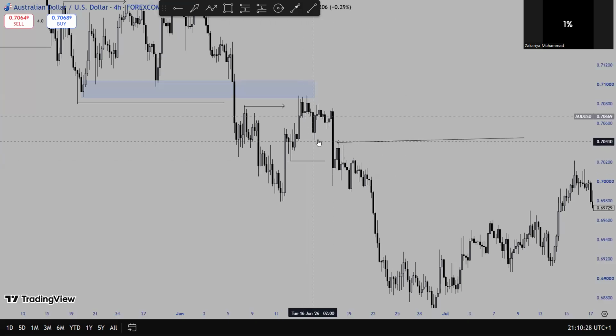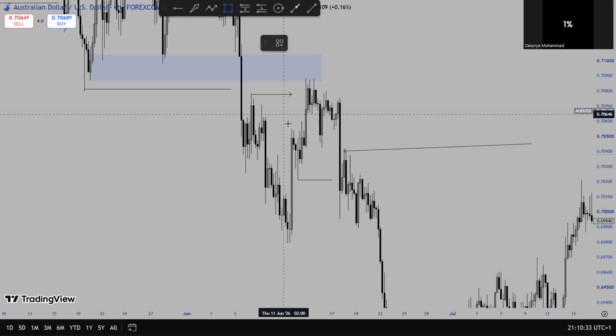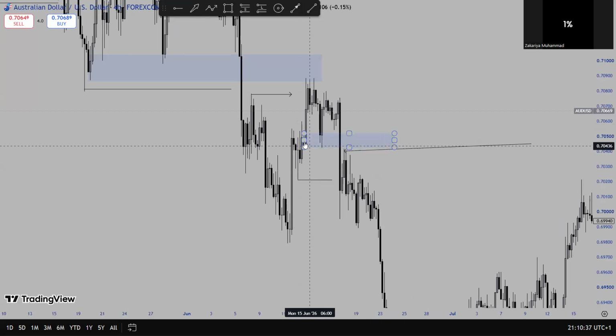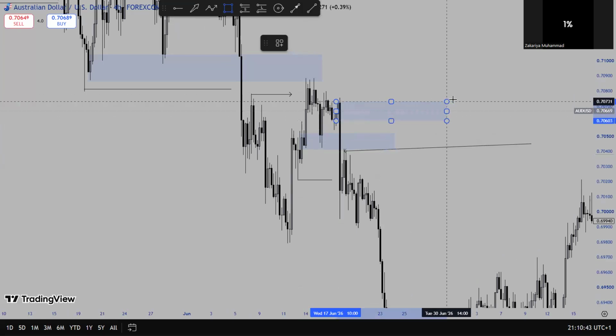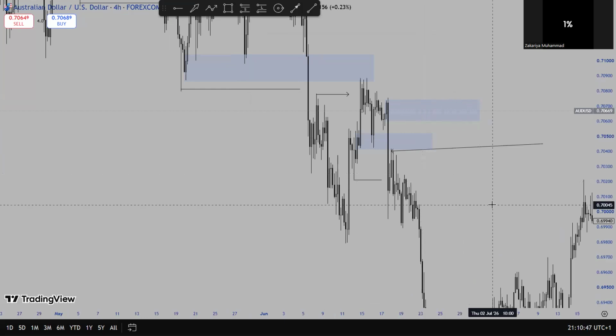But if you can see right here, you have 2 points of interest. You have this breaker block, and then you have this order block. These are your 2 points of interest. You will wait for markets to come to this POI before what?